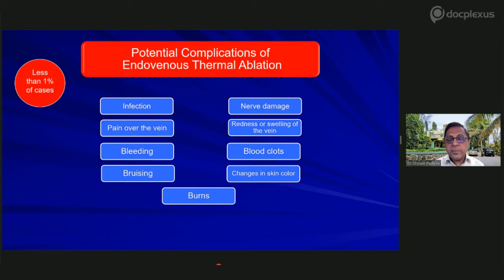Luckily, the reported incidence of DVT is 0.04%, and that too in very large veins. So that is almost negligible. If you take good precautions, you will not get any DVT. Burns. This used to occur with older equipment, with newer equipment, and with good amount of anesthesia. Burns I have never seen in the last 20 years of practice.